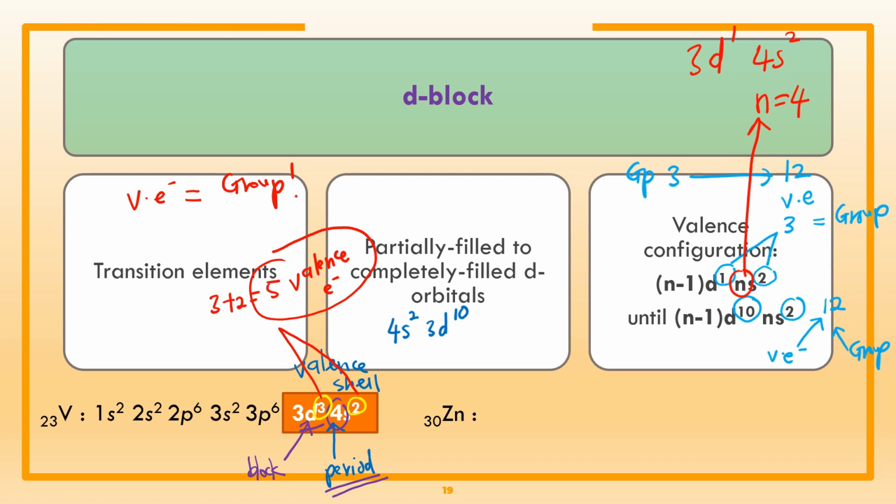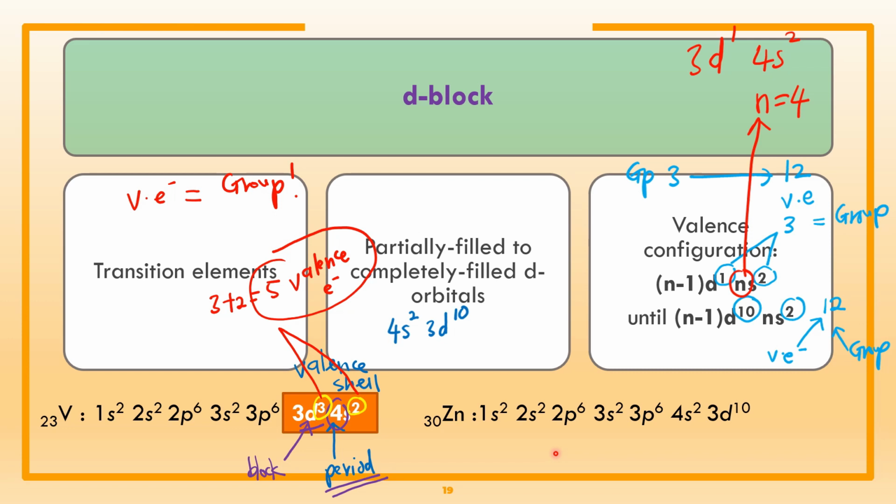Dalam transition metal D block, number of valence electron akan reflect dia punya group number. Tetapi dalam P block, walaupun dia ada 5 valence electron, to get the group, you have to add dengan 10. So, itu bezanya di antara valence electron yang sama untuk P dan D block, tetapi berbeza in terms of their group. Next example will be zinc.